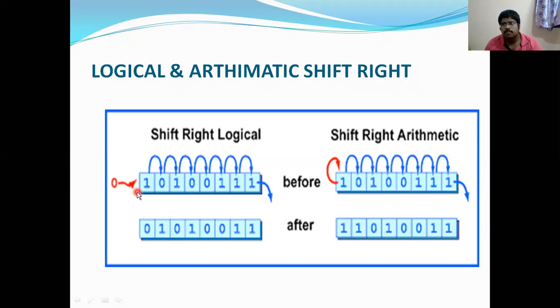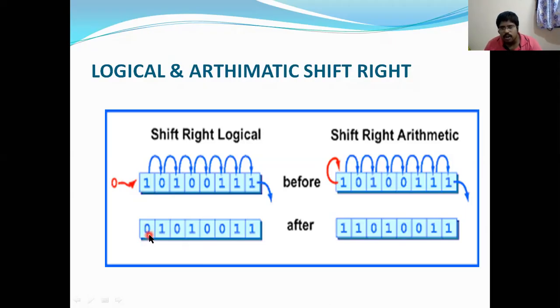Is it okay? That means you are nowhere bothered about the previous bit value in that particular location. Whenever you perform this shift and get an empty place, that is going to be filled with 0.